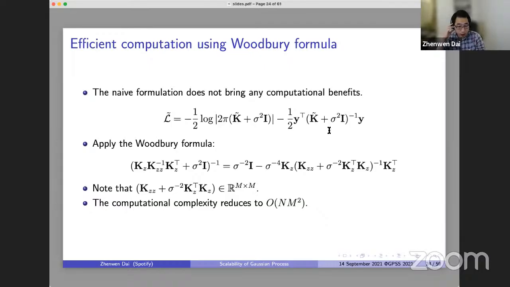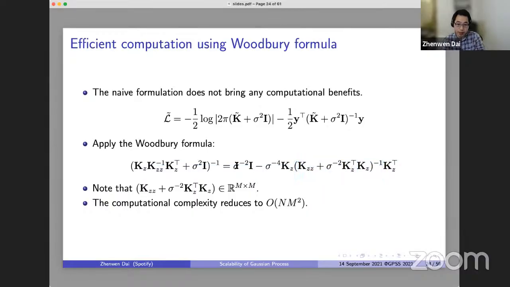But we can play a numerical trick by applying a rule called the Woodbury formula, which allows us to rewrite this covariance matrix inversion into the right-hand side, which is basically a diagonal matrix minus another low-rank formulation, where the inside is K_ZZ plus sigma squared inverse K_Z transpose K_Z. Keep in mind this K_ZZ is m by m, so the inside is an m by m matrix.